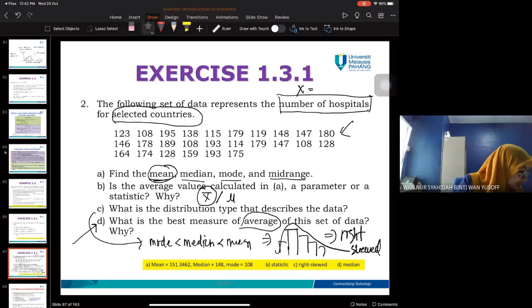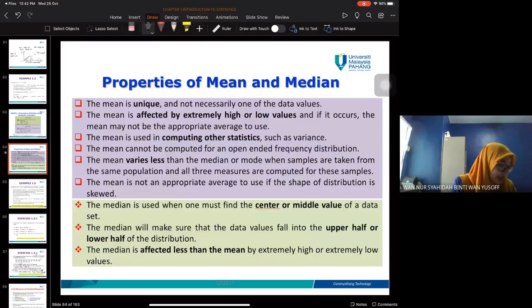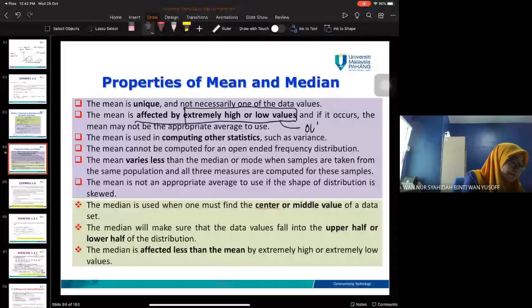So it is related to the properties here. The most important property you should know: mean is affected by extremely high or low values. Extremely high or low values are the outliers.